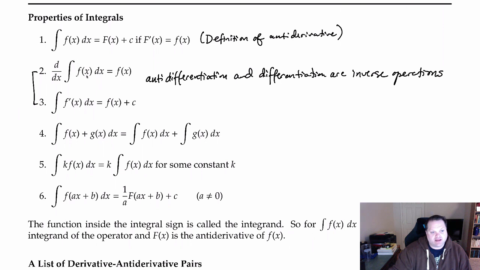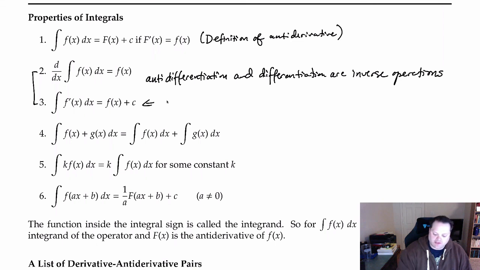If you've taken the antiderivative of little f and you want to undo that, you take the derivative. Now, only one of these doesn't get you back to the original function, right? If you take the derivative of the integral, you get back the original thing. But here, you don't get back the original thing, you get back f of x plus c.